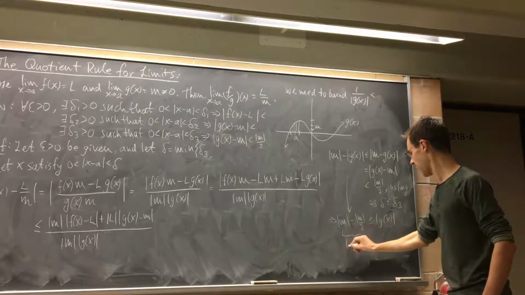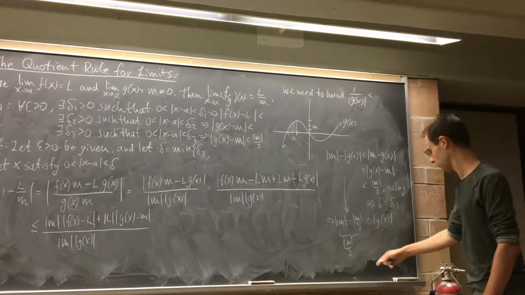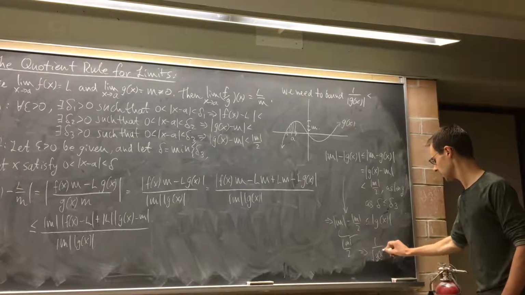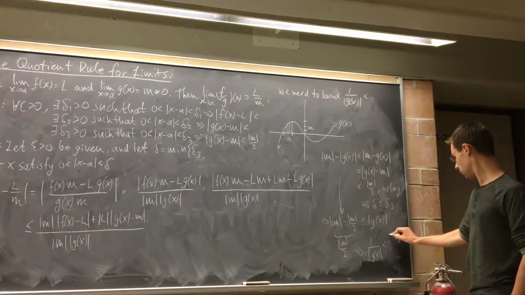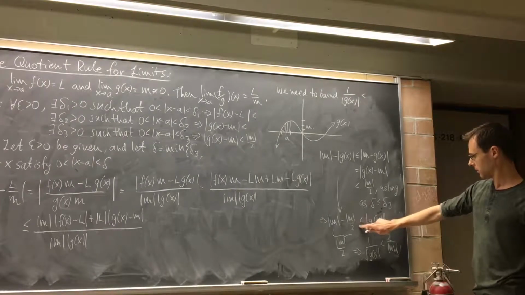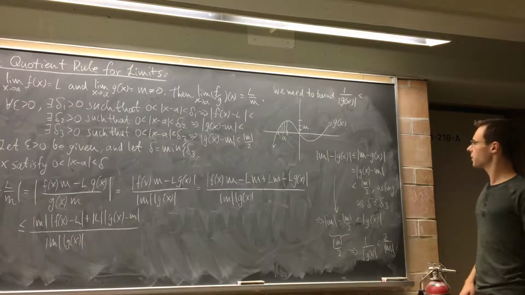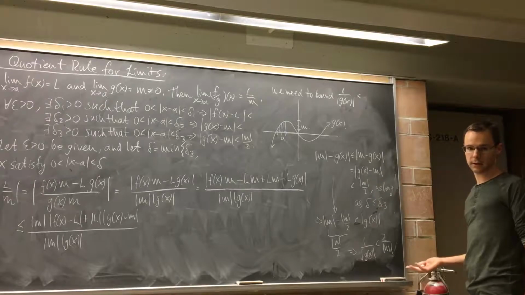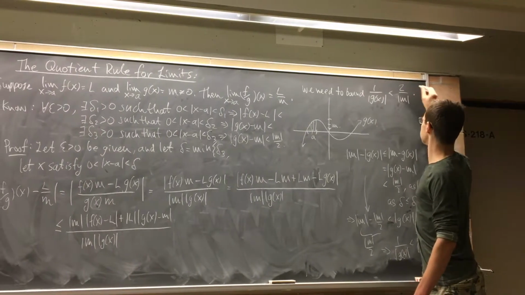This part is abs m over 2. And now taking reciprocals of everything, that implies that 1 over abs g of x is less than 2 over abs m. Actually, that should be a strict inequality right there. So there's our upper bound on 1 over abs g of x, algebraically derived: 2 over abs m.